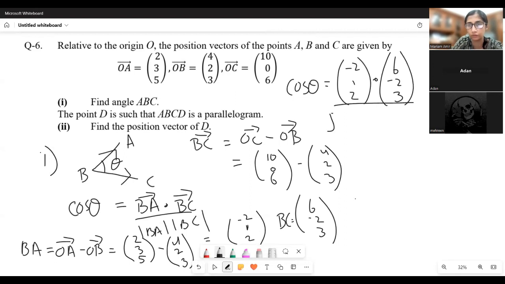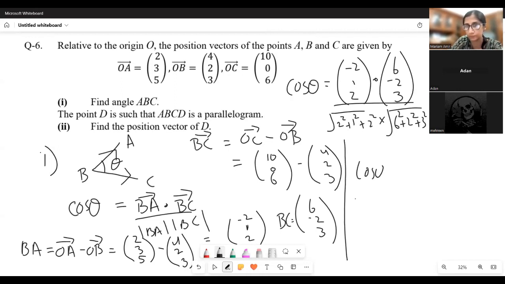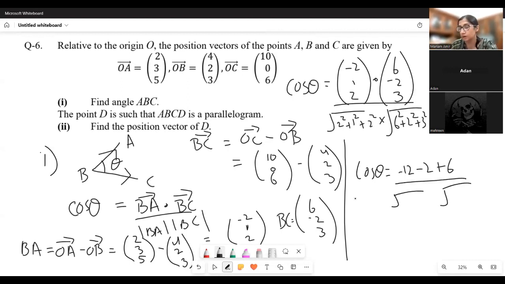So cos theta equals the dot product of -2, 1, 2 dot 6, minus 2, 3 divided by their magnitudes: square root of 2 square plus 1 square plus 2 square times square root of 6 square plus 2 square plus 3 square. So cos theta equals, we have -12, then we have -2, and then we have +6, divided by the magnitudes. Square root of 2 square plus 1 square plus 2 square is 3.